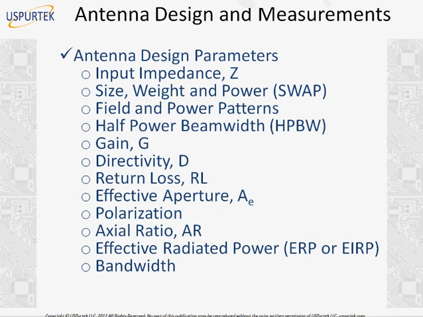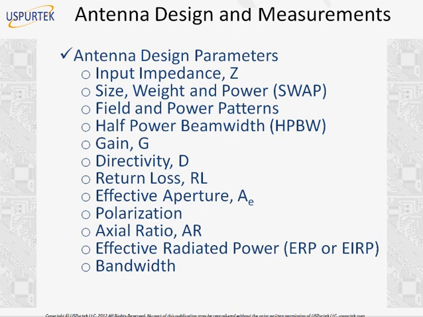Directivity. What type of directivity do we want to have? Like we want to transmit the radio signal in one direction or multiple directions, or omnidirectional. Then what is the return loss? Can we afford any return loss or not at all? What type of impedance matching must we have? Effective aperture, what type of aperture or collection area of the signal for an antenna?